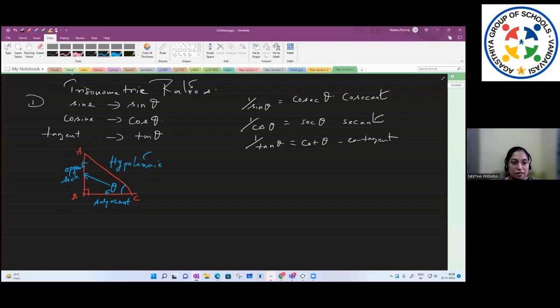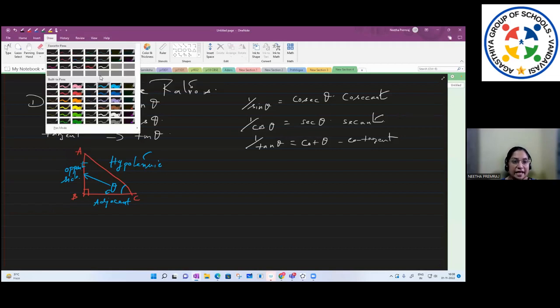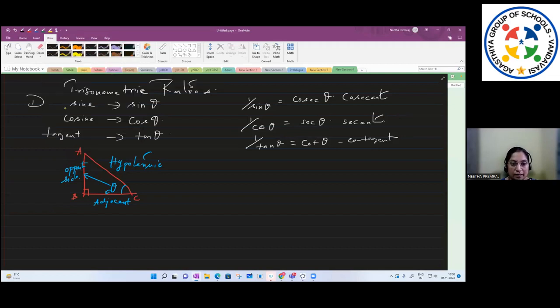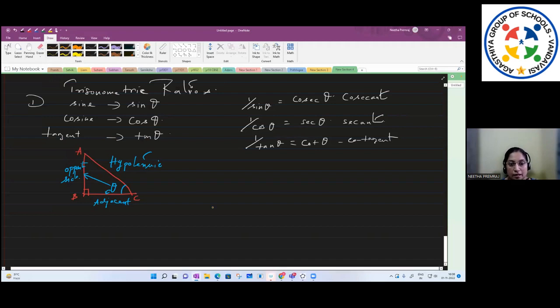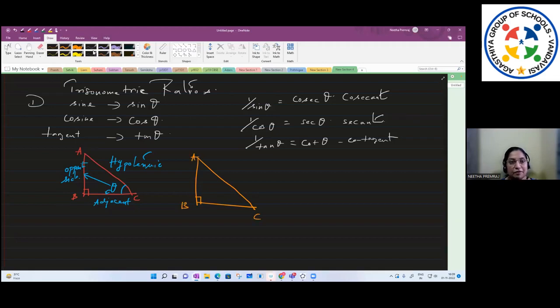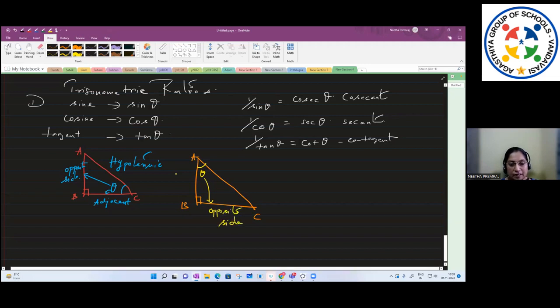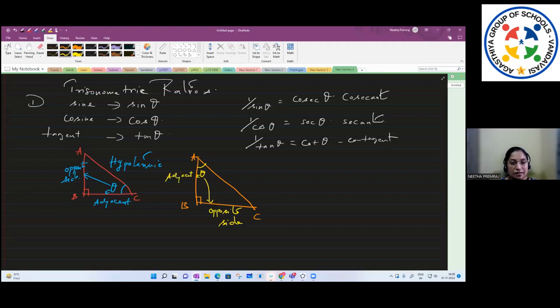But if you consider the angle A, I draw a separate triangle ABC. Then for angle A, this becomes the opposite side, this is adjacent, and this is the hypotenuse. There is no change in the hypotenuse.